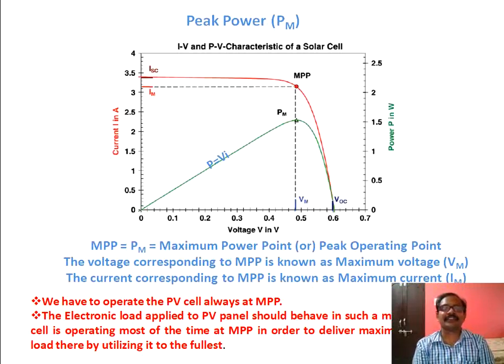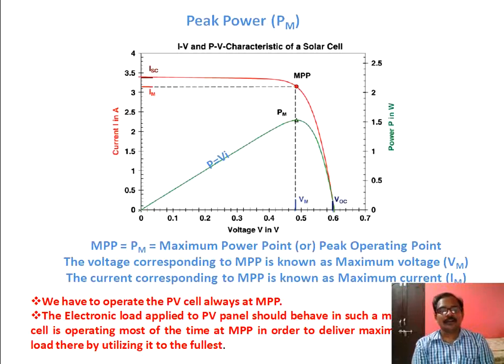Therefore PM is nothing but 3.2 into 0.48, that is around 1.5 watt. Understand that? 3.2 into 0.5 will be 1.6, so 3.2 into 0.48 will be about 1.5. So 1.5 watt is the peak power.